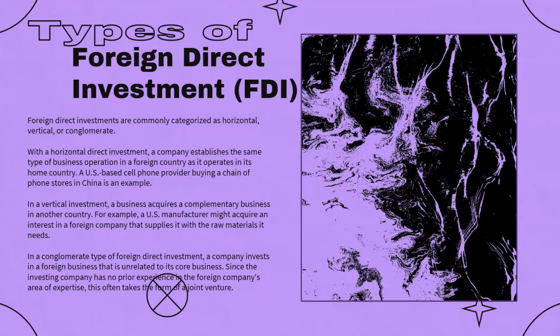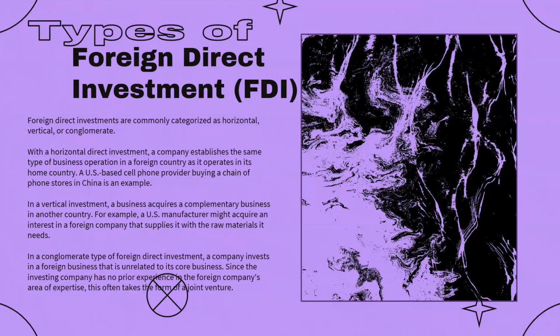Pag vertical naman, yung complementary. So siguro good example niyan will be if you're manufacturing bags, you will invest with an entity supplying wool or yung mga materials to manufacture a bag. So that's vertical investment.